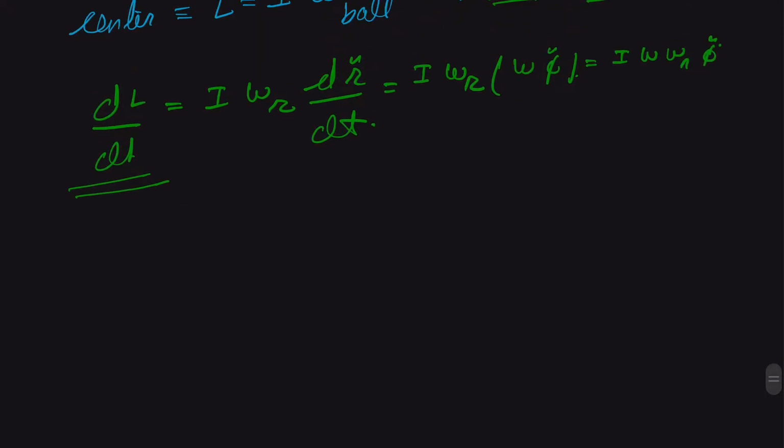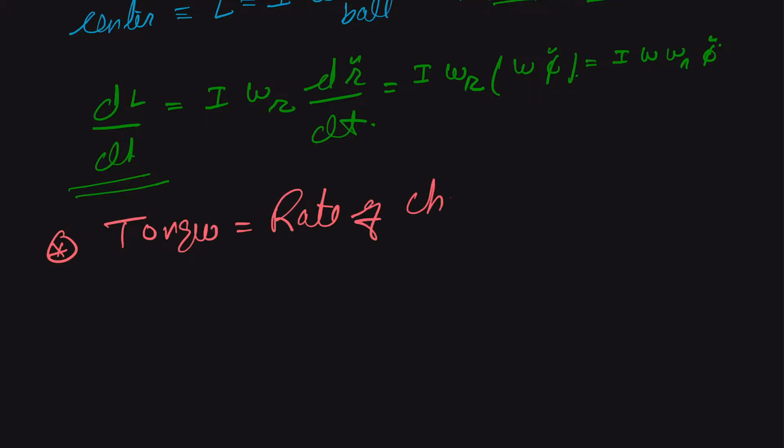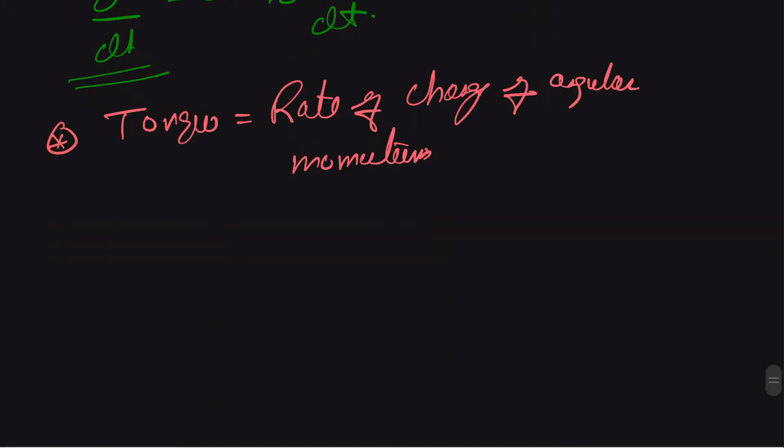Therefore we can write that our torque is equal to the rate of change of angular momentum, and we can say that A m omega square r is equal to I omega r dot.